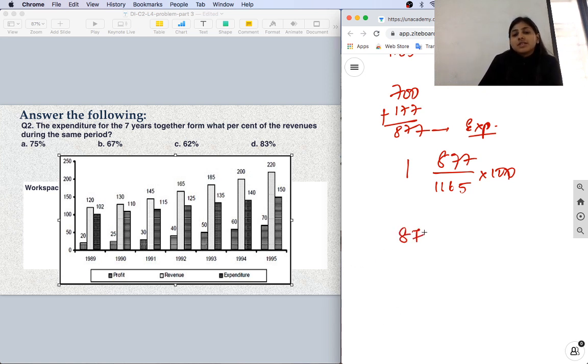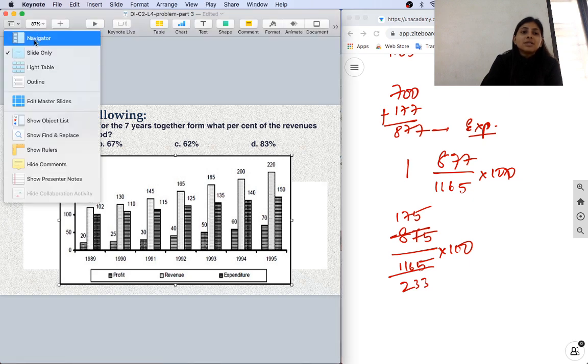If we take it as 875 and 1165 into 100, we get about 75%.